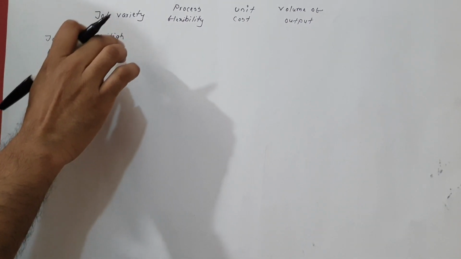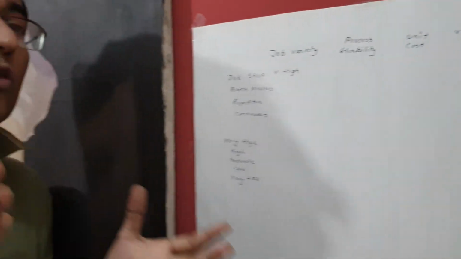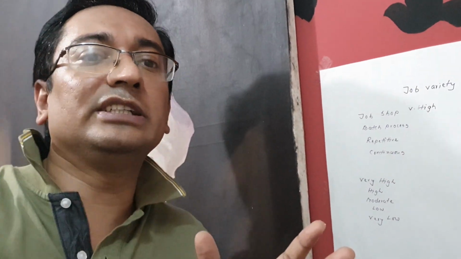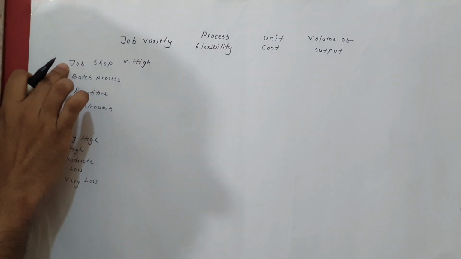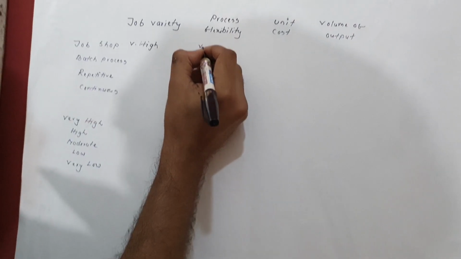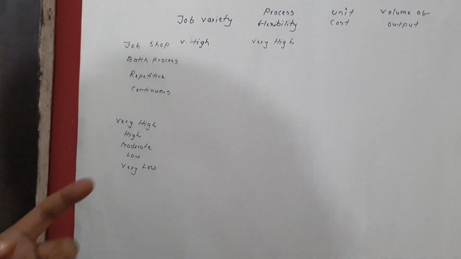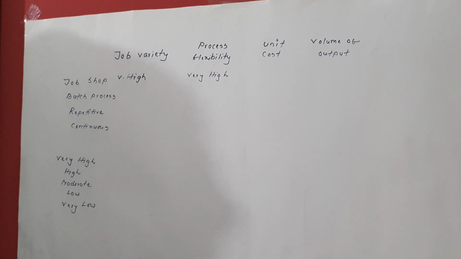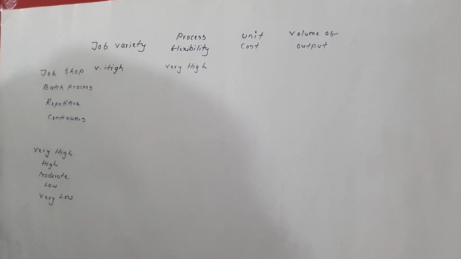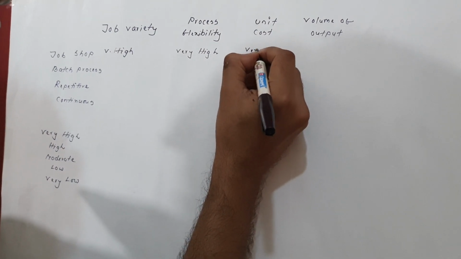Where the job variety is high, you require equipment with a lot of flexibility, so you can do many different types of work using different types of equipment. That means you need process flexibility. As the job variety is very high in job shop, the process flexibility is also very high. When you require many different types of work in a single manufacturing process and different types of equipment, we can say the unit cost will be very high.